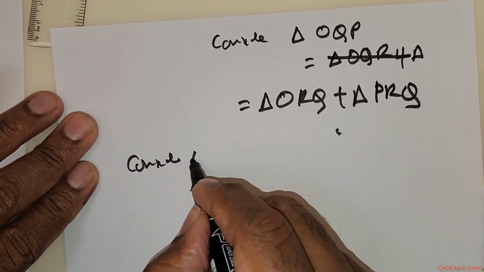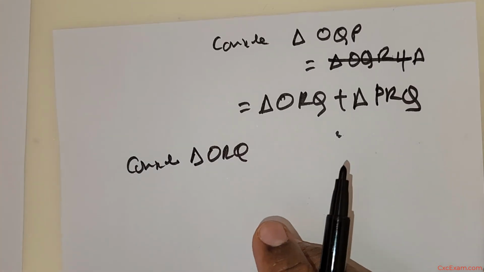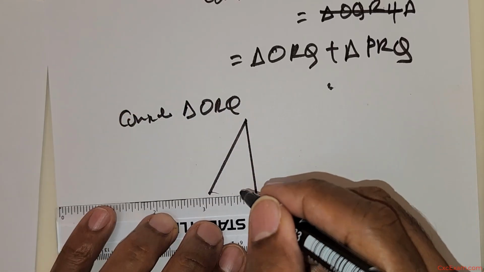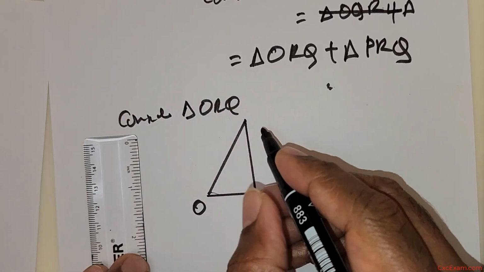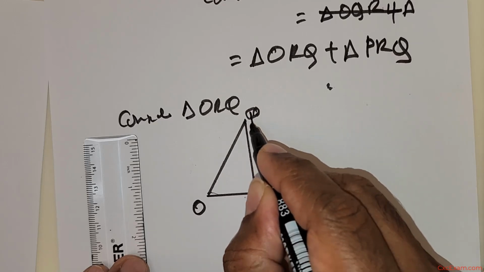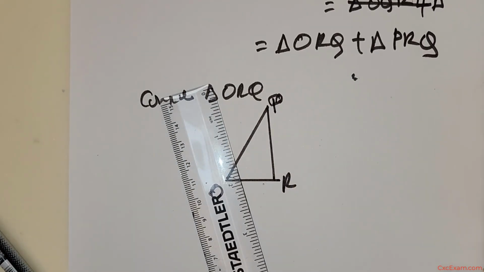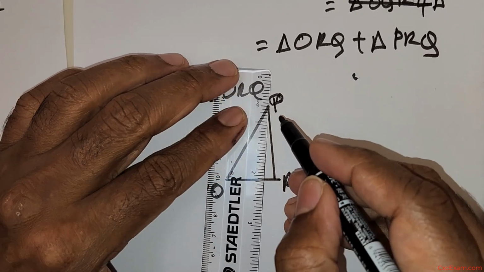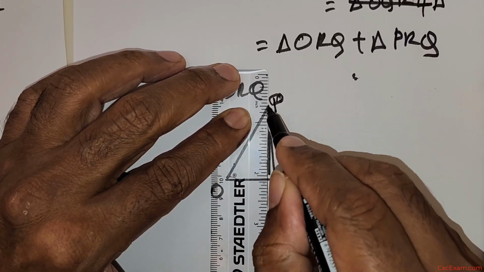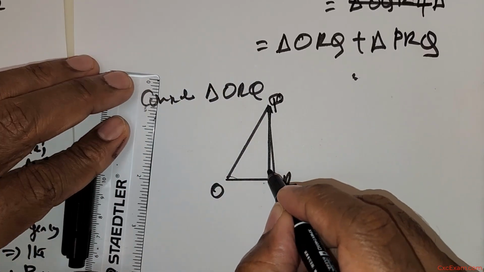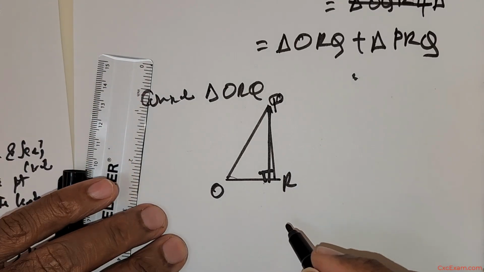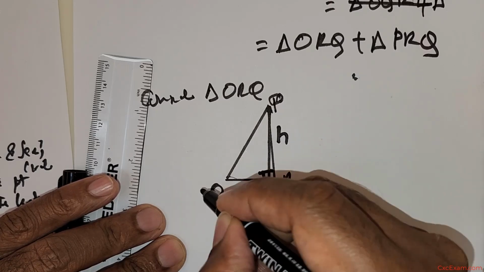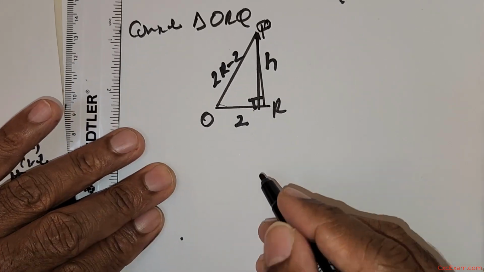so consider triangle ORQ. So this is how the triangle looks. So this is O, this is Q, and this is R. So with that being said, this is 90 degrees. Okay, 90 degrees. So this distance is 2 units. This is my height, I'm going to take it as h. This distance is 2 times r minus 2.